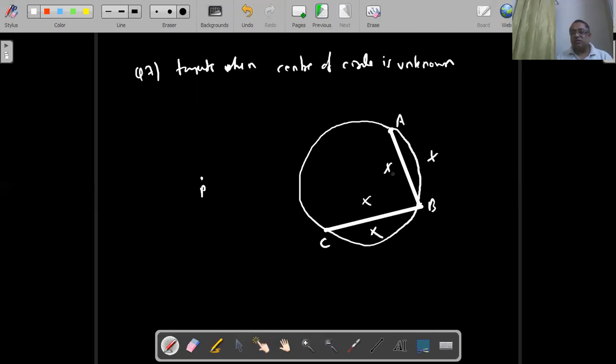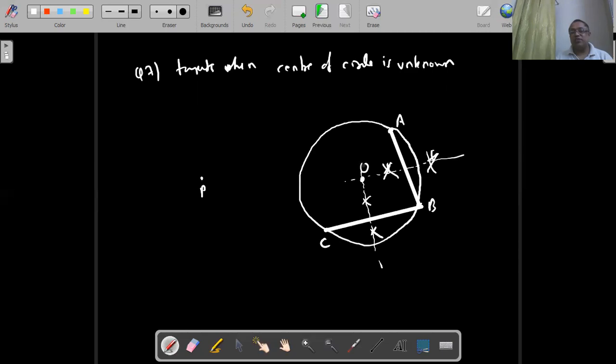You can change the radius obviously, but from B and C, it has to be radius more than half. Whatever you take from B, the same you will take from C and draw the perpendicular bisector. So I'm going to join these points. And wherever they intersect, that will give me the center of the circle.